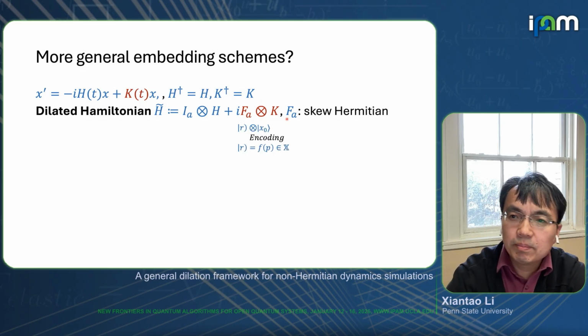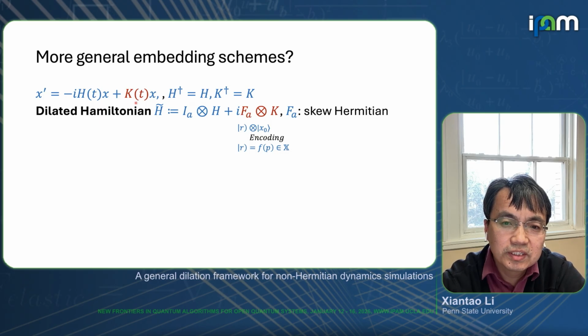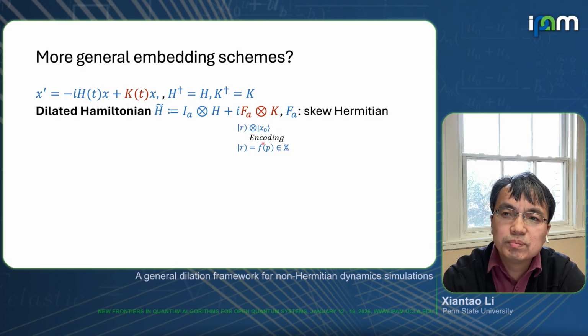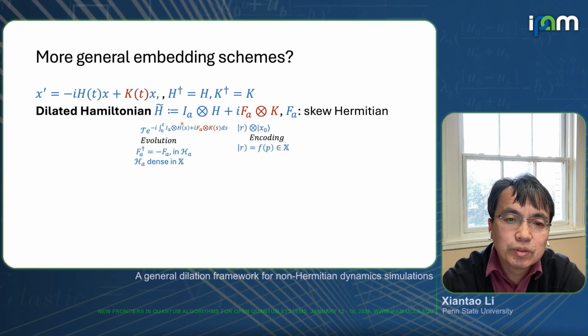And the general pipeline is the following. So I'm going to pick a vector or a function in the ancilla space, tensor product with the initial condition of this dynamics. So that takes me to the dilated Hilbert space. In that Hilbert space, I'm going to solve a Schrodinger equation that is generated by this dilated Hamiltonian, which is Hermitian. Okay.